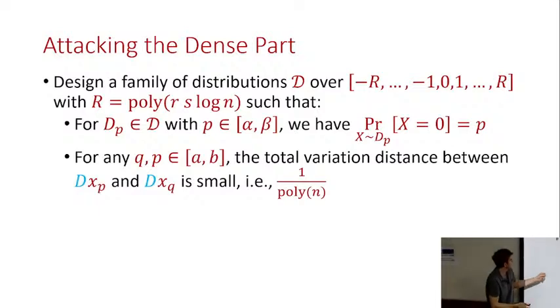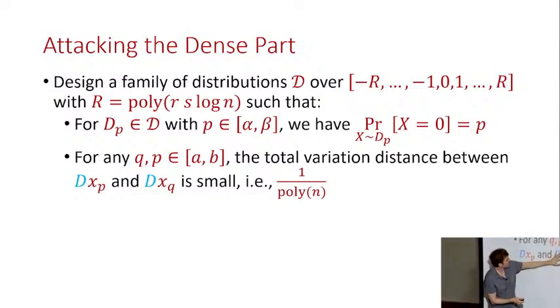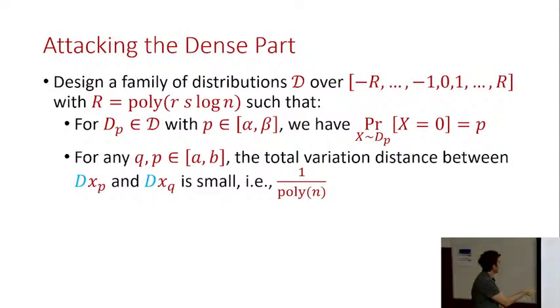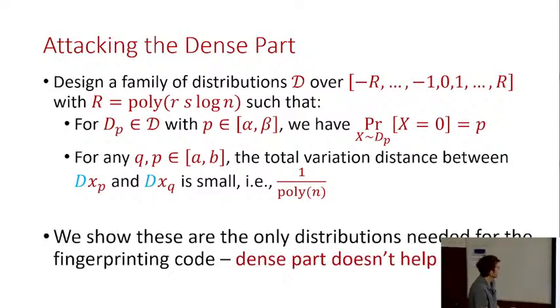The important property is we show that the image of the dense part of x_p and the image of the dense part of x_q are the same, okay, or they have small variation distance to each other. Okay, so that's how we formally say the dense part doesn't help. How do we show that these two images are the same? We need to carefully construct these distributions.